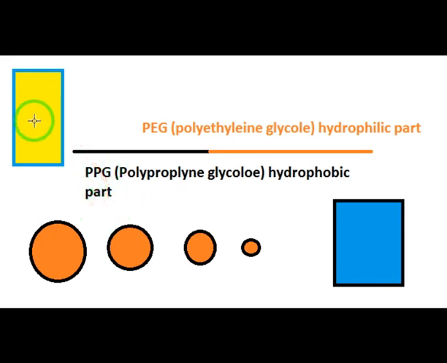Okay, if we put a lot of these block copolymers into an oil liquid phase, because these parts like the oil, they will be out, and because these parts hate the oil, they will get together and form the core of these polymeric micelles.